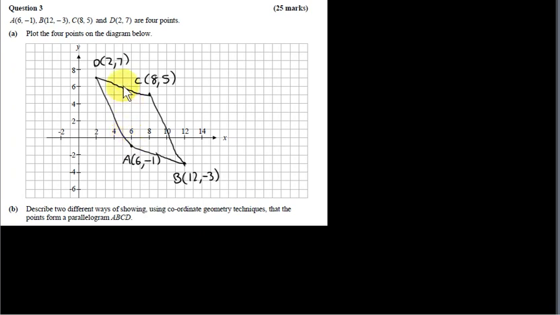Well, if opposite sides are parallel to each other, then the quadrilateral is a parallelogram. That's one condition. If opposite sides are parallel, then it's a parallelogram, and we're done. But that's not the only way we can show that a quadrilateral is a parallelogram. But we will start by noting down this particular way.